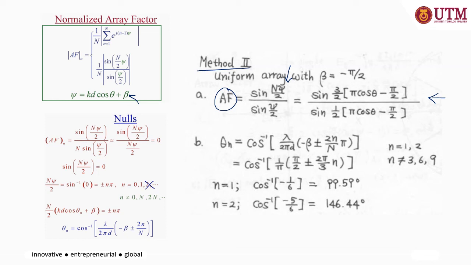The second question asks about the null positions. You can calculate them using this equation, inverse cos of lambda over 2 pi d times negative beta plus or minus 2n divided by the number of elements. Here d is lambda over 2. In this case, the first null appears at 99 degrees and the second one at 146 degrees.